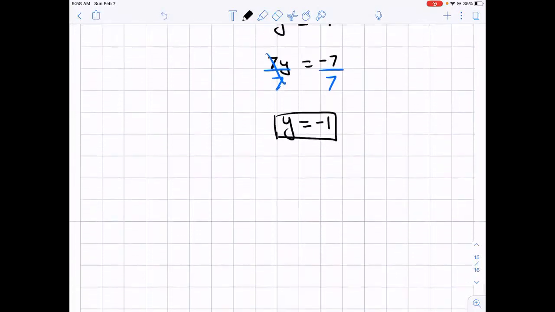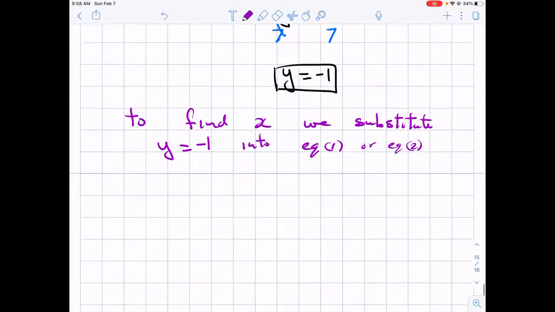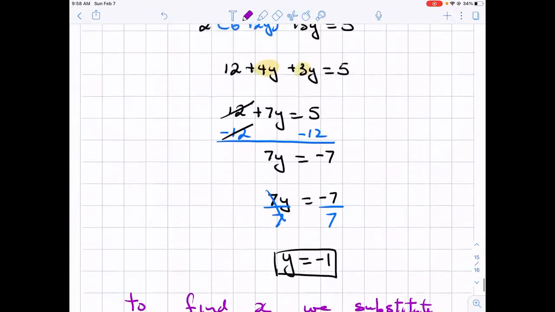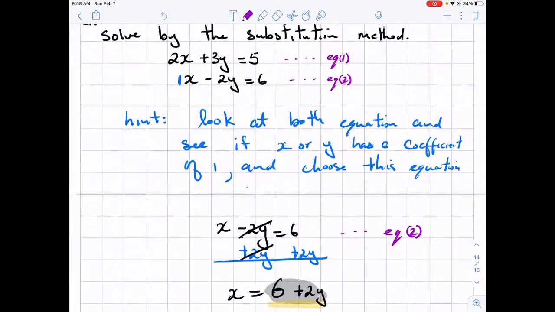And now to find x, we substitute y equals negative 1 into equation 1 or equation 2. So you have to pick either equation 1 or equation 2. Doesn't matter.